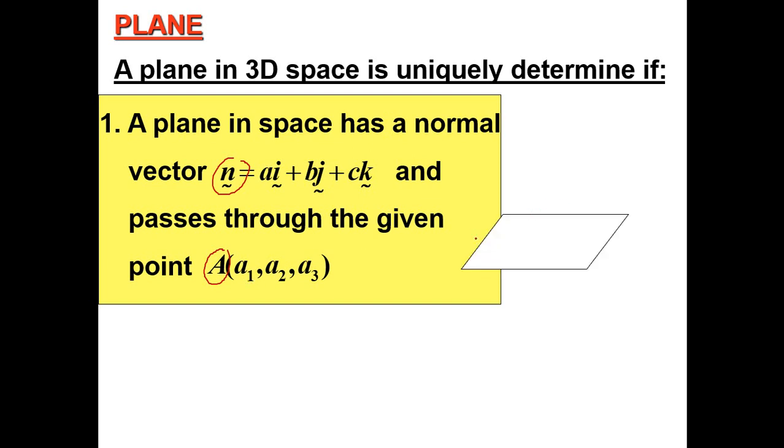Let's say this is a plane. The plane consists of point A and a normal vector n.